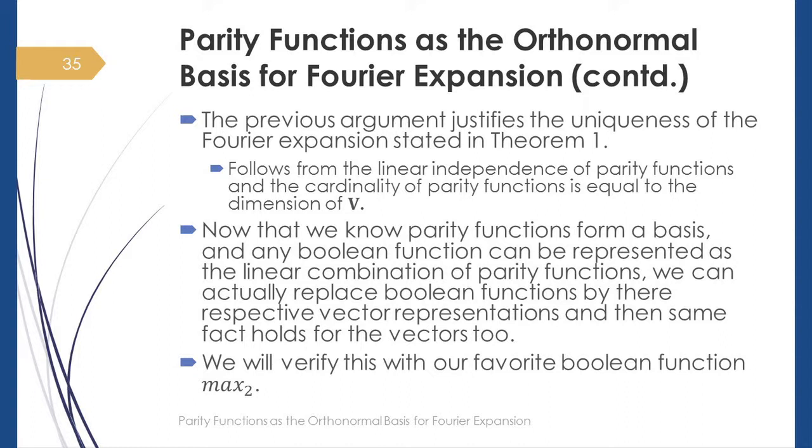Unique meaning it cannot be rewritten using any basis of the kind we have, which is parity functions, in any other way, and it follows from the fact that I am about to tell you, that the parity functions themselves are linearly independent, and that the number of these parity functions in that series that we wrote down as equation 1, and which is also reflected in theorem 1, equals the dimensionality. So, if there is something smaller that you could build from these parity functions, that means that the vector space V has a dimensionality less than 2 to the n, which is simply not true.